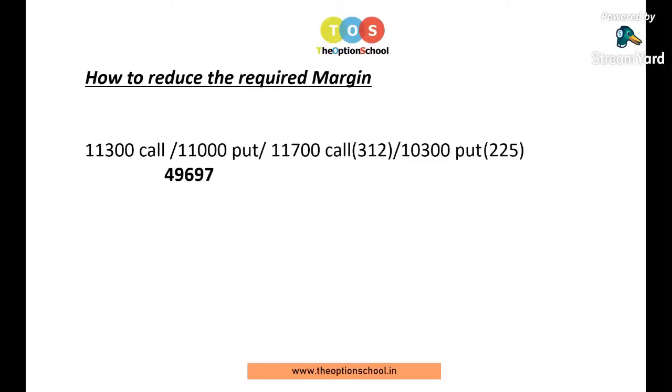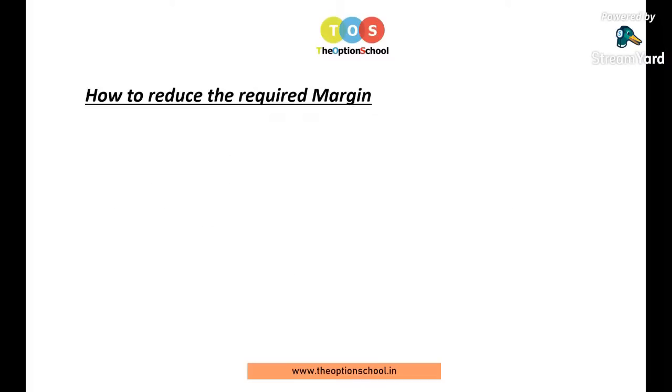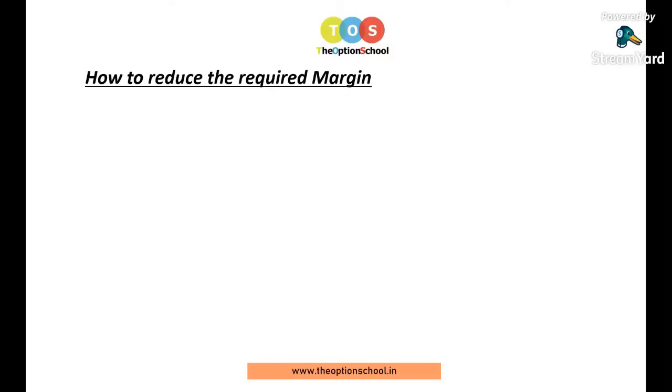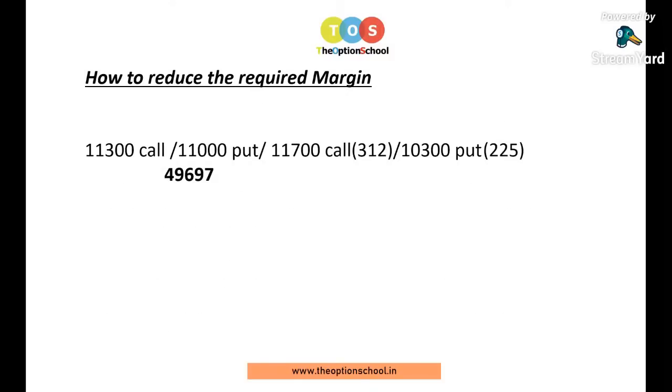If I am having 11,300 call and 11,000 put, I am buying 11,700 call and I am buying 10,300 put, my margin requirement gets reduced to 49,000, which earlier was, if I show the previous screen, roughly around 1,20,000. So from 1,20,000, if I buy a call as well as a put, I'm giving roughly around 500 rupees to the market.